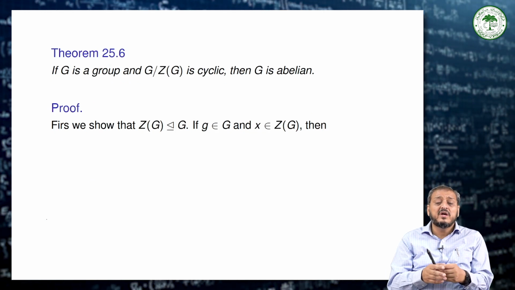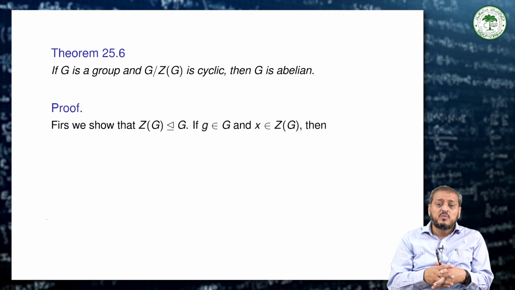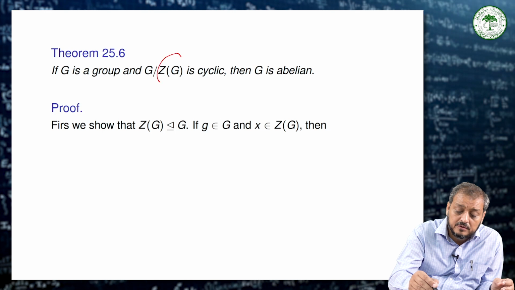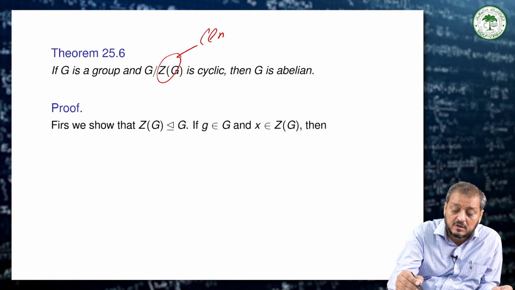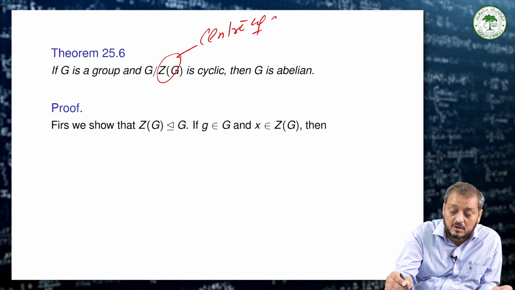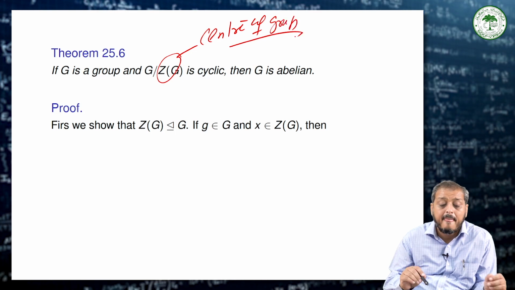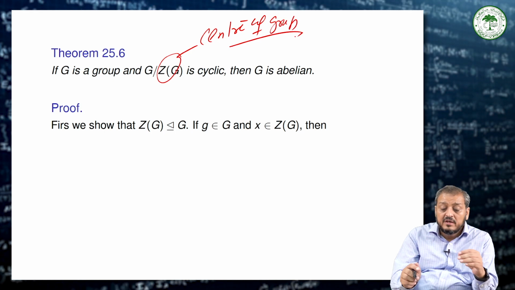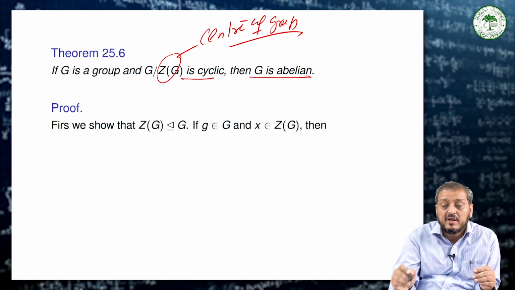In this result we show that if G is a group, Z(G) is the center of the group, and G/Z(G) is cyclic, then G is abelian.